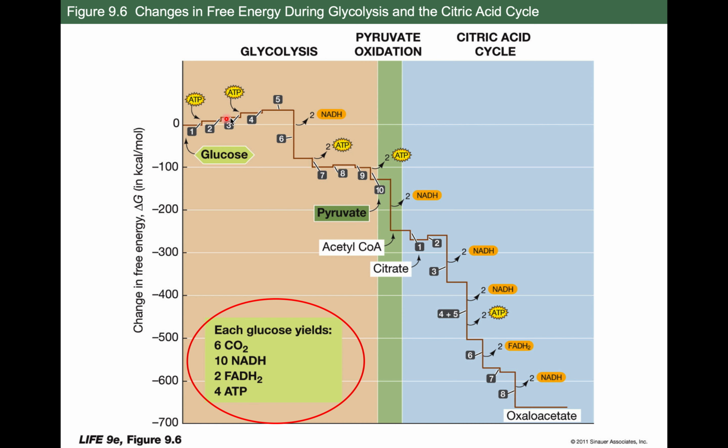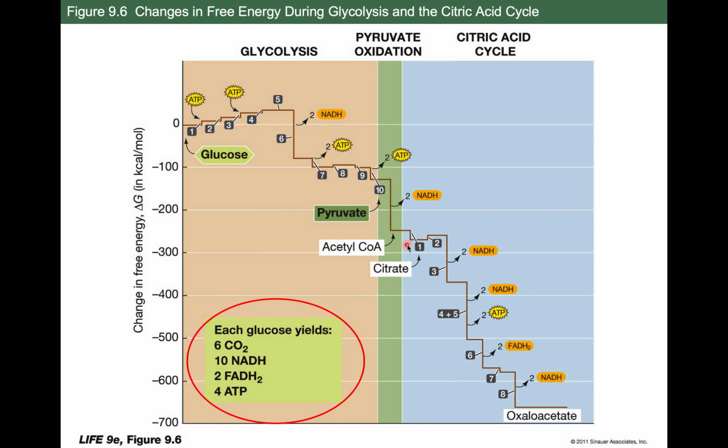And we'll see as we started glycolysis, right, we had to put some ATP in, so we see a positive change in free energy with those first few reactions. We consumed energy, and then in reactions basically 5 through 10, we released some energy. And that energy was trapped in either NADH, electron carrier, or ATP.